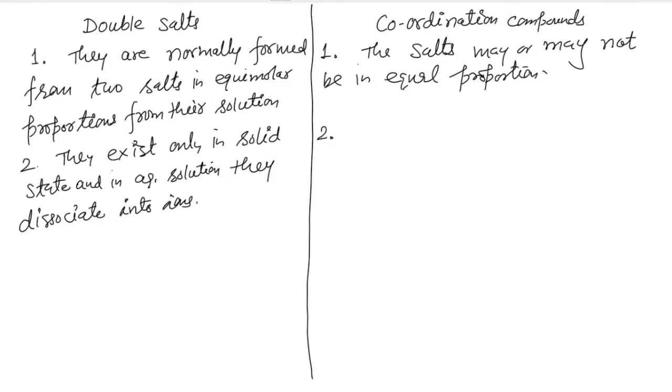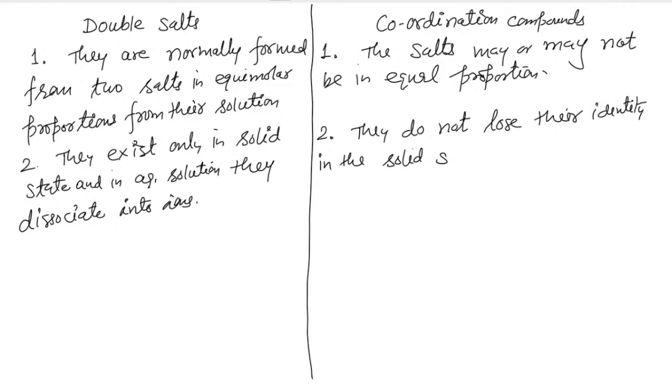And what about coordination compounds? Coordination compounds, they do not lose their identity, as we have discussed right now. They do not lose their identity in the solid state as well as in aqueous solution, because they do not dissociate into ions.